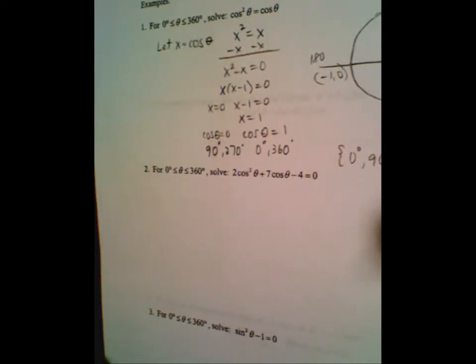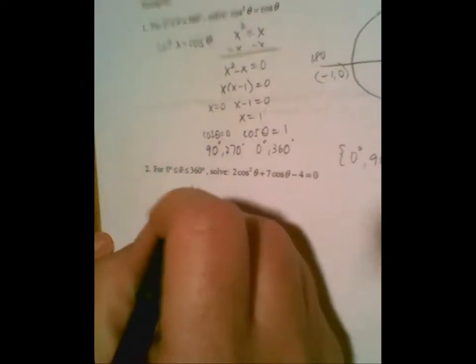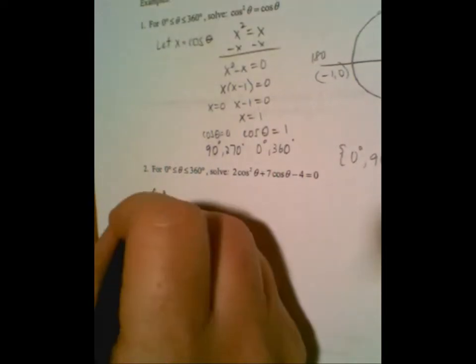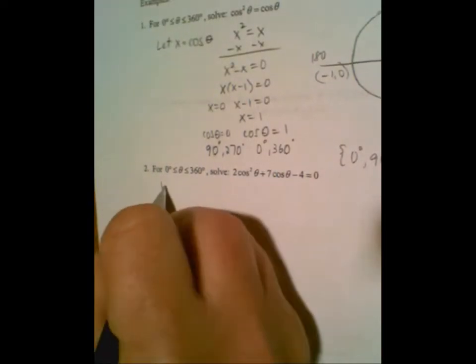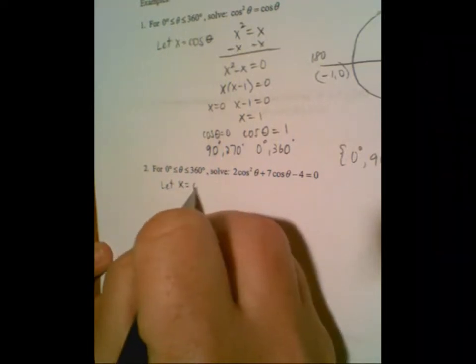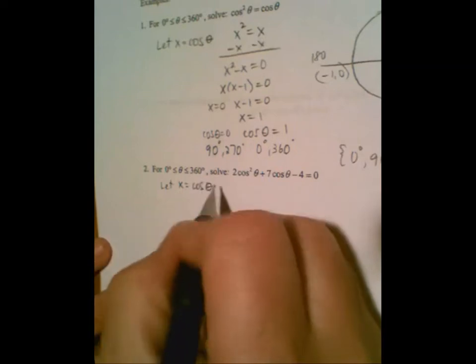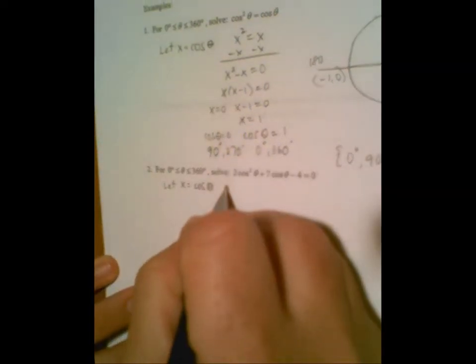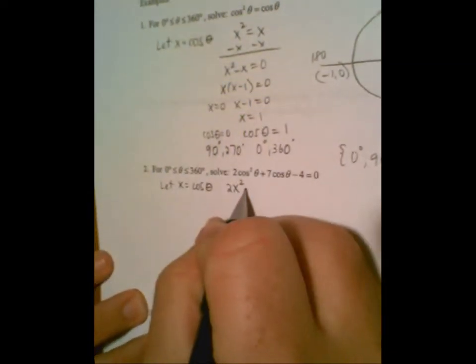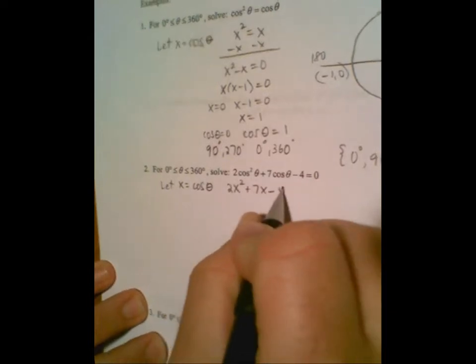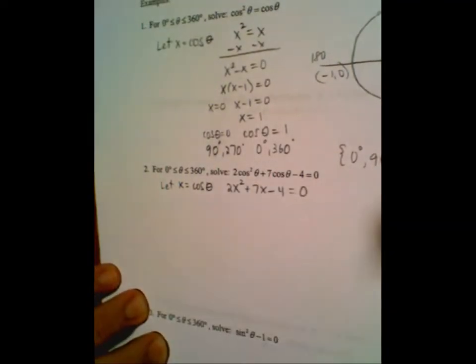Number 2 does not look as nice as number 1, but I'm going to say let x equal cosine theta. And then I'm going to do 2x squared plus 7x minus 4 equals 0.